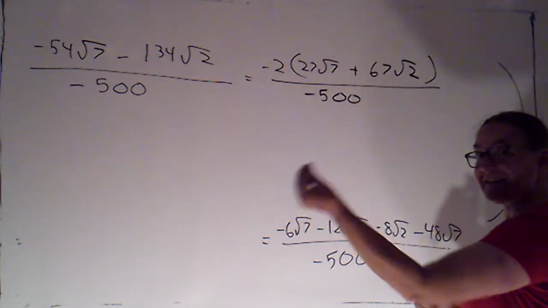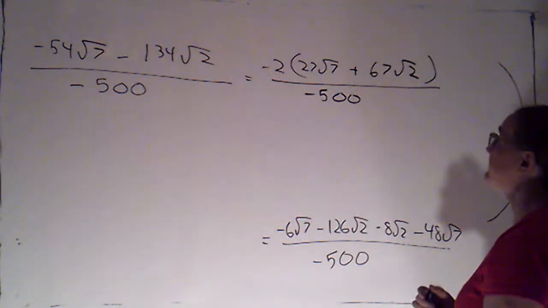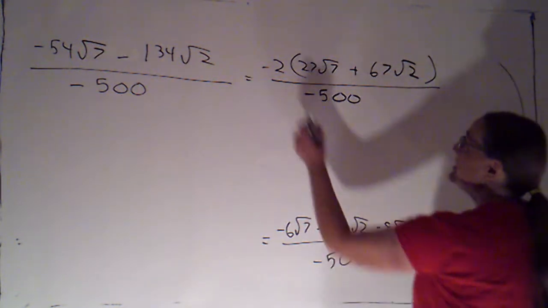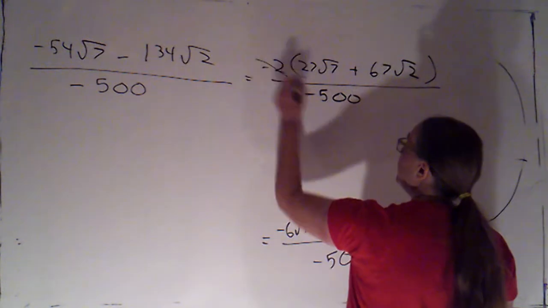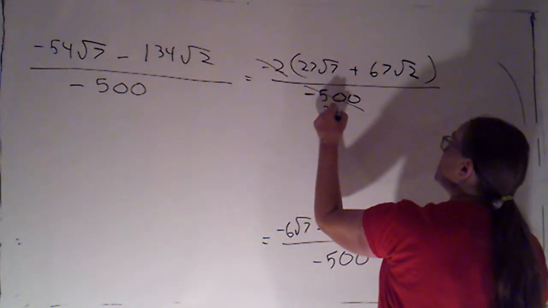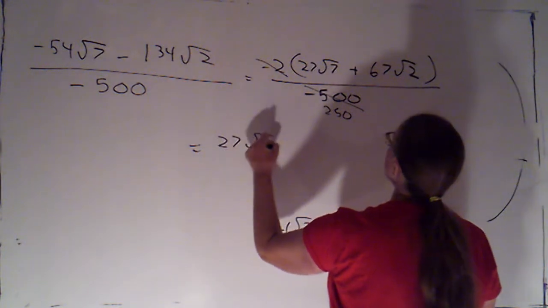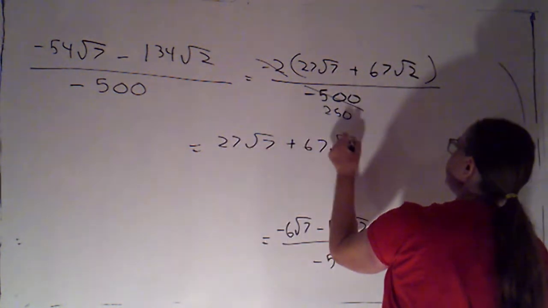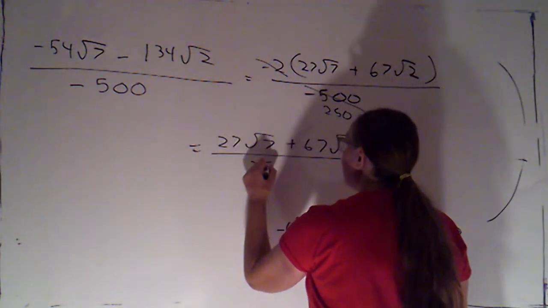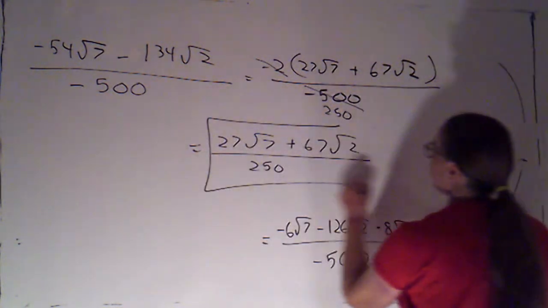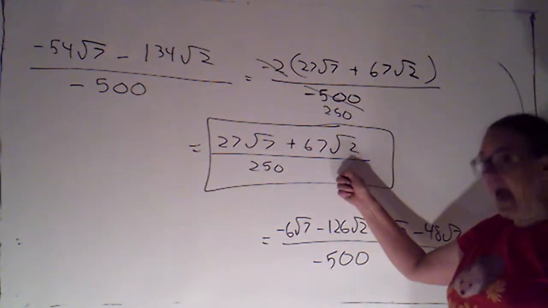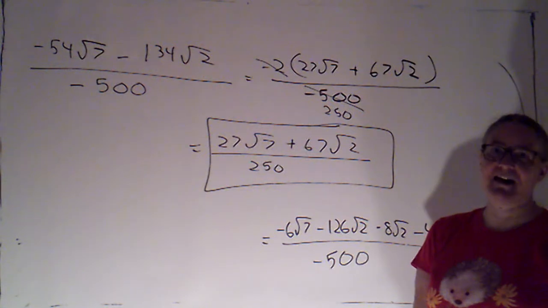Once something's connected to the rest of the top or bottom by multiplication, I can cancel. So those negatives will cancel, and 2 goes into 500 250 times. So that's going to be 27 root 7 plus 67 root 2 all over 250. That is my final simplified answer.